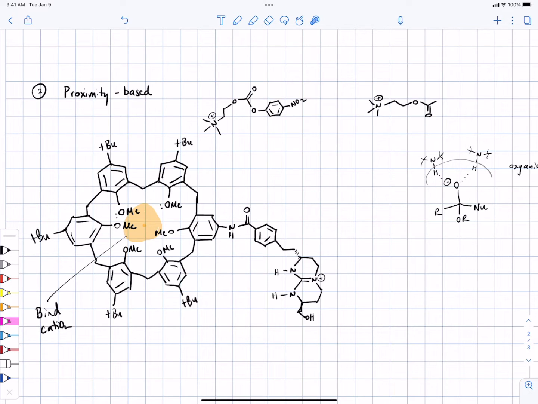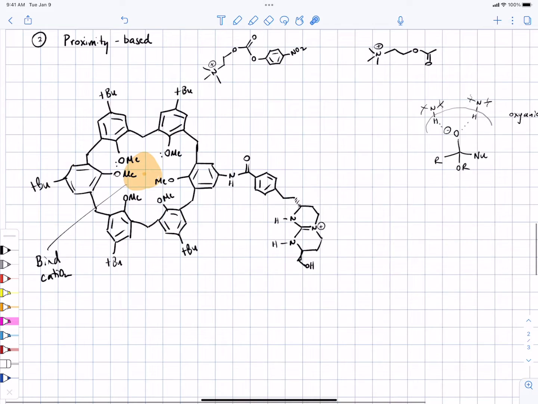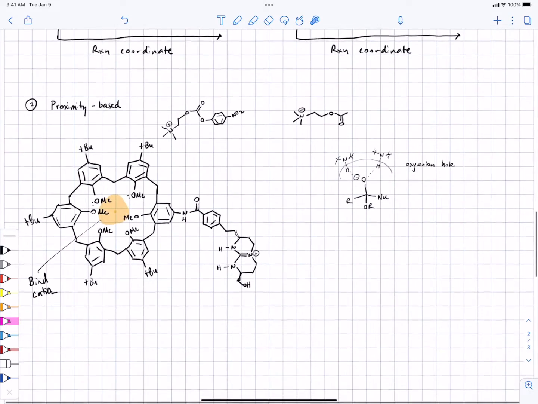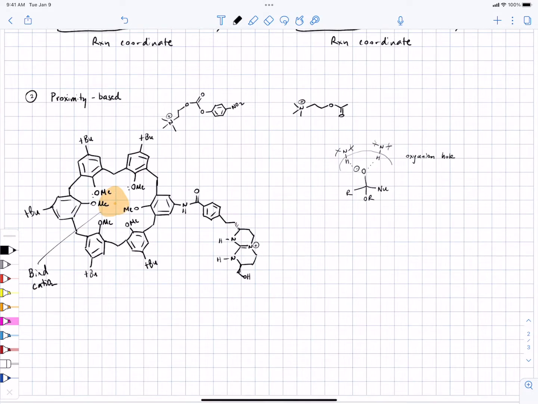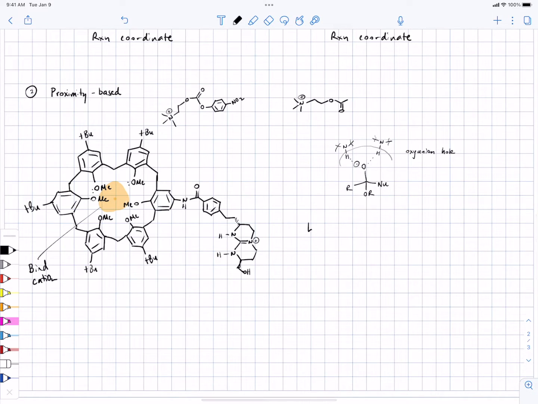Okay, so this is a proximity-based catalyst, but it's also an example of Lewis acid catalysis. And one of the most common examples of Lewis acid catalysis is hydrogen bonding.